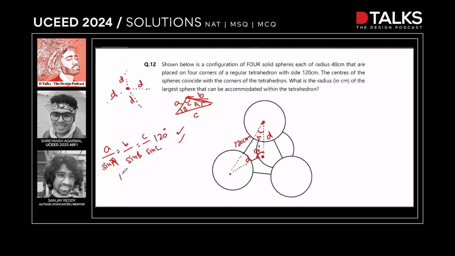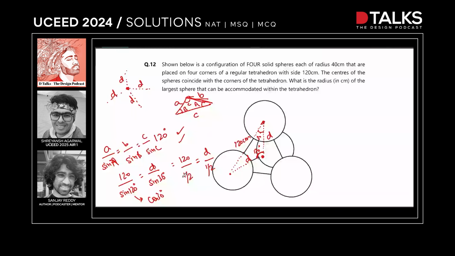So 120 upon sine 120 should be equal to d divided by sine 30. So sine 120 is equal to cos 30, which is 1 by 2, and sine 30 is also 1 by 2. No, cos 30 is root 3 by 2.